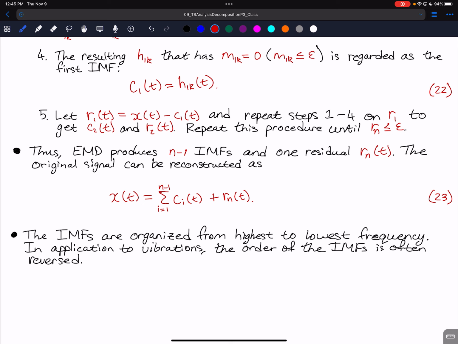The signal itself has a 0 mean, using the standard definition of a mean for the signal, and using the mean based on the upper and lower envelopes, you'll see that it's non-zero.